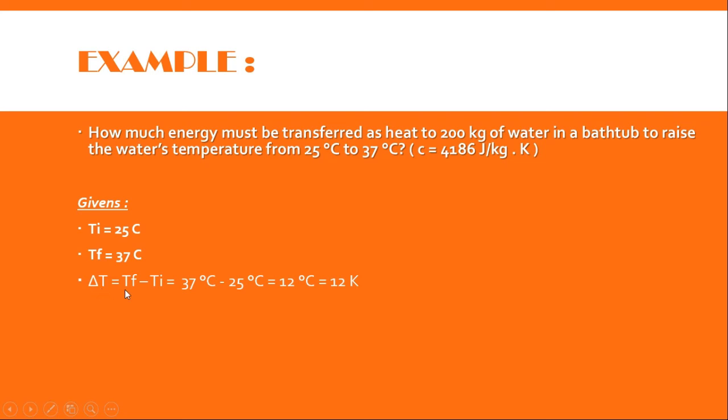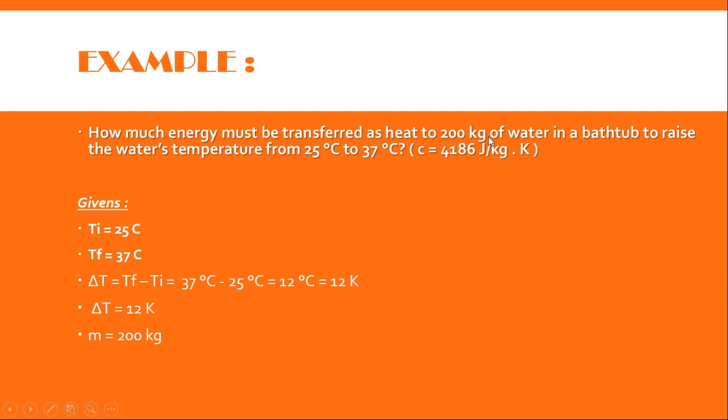It means final temperature minus initial temperature. So I subtract them: 37 minus 25, the answer is 12 Celsius, or you can say 12 Kelvin. Look, in the question I have Celsius, but I can solve normally. No need to convert. So the change in temperature that I'm going to use in the formula is 12.